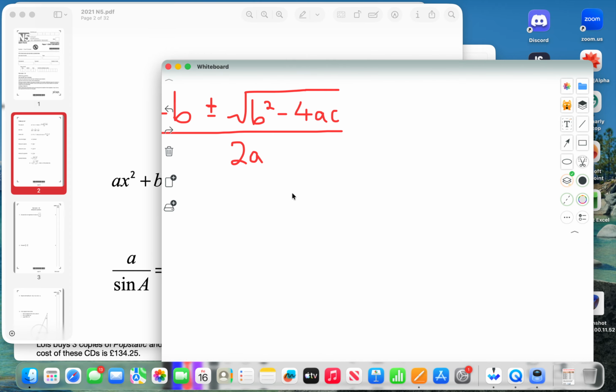Now, I'll put these again. We had A is 5, we had B is -6, and we had C is -13.